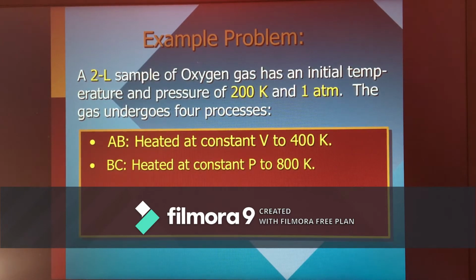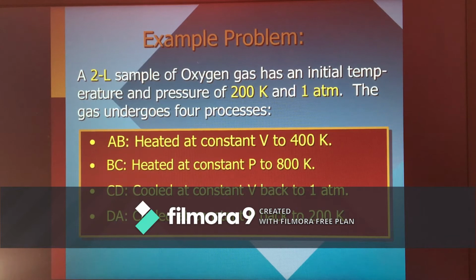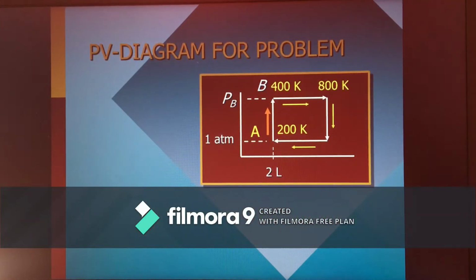Then from point B to point C, heated at constant pressure to 800 Kelvin. And from point C to point D, cooled at constant volume back to 1 atmosphere. And from point D to point A, cooled at constant pressure back to 200 Kelvin. Okay, so here's the illustration or the PV diagram for the said problem.